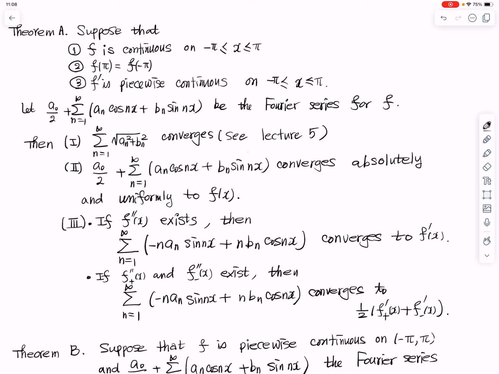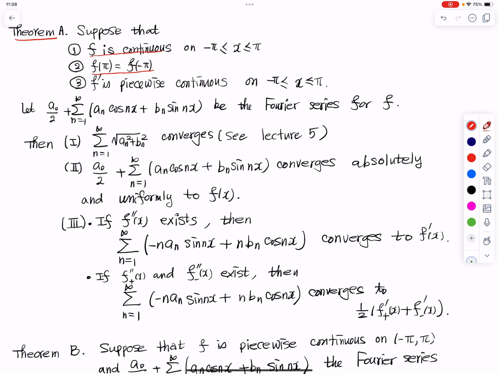So today what I'm going to prove is, I wrote down here two theorems. Theorem 1: suppose f is continuous and f(pi) and f(-pi) are the same.